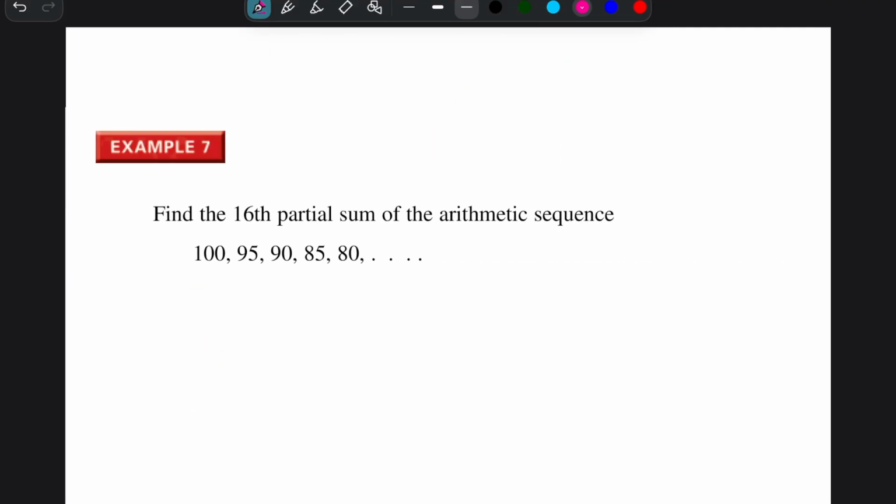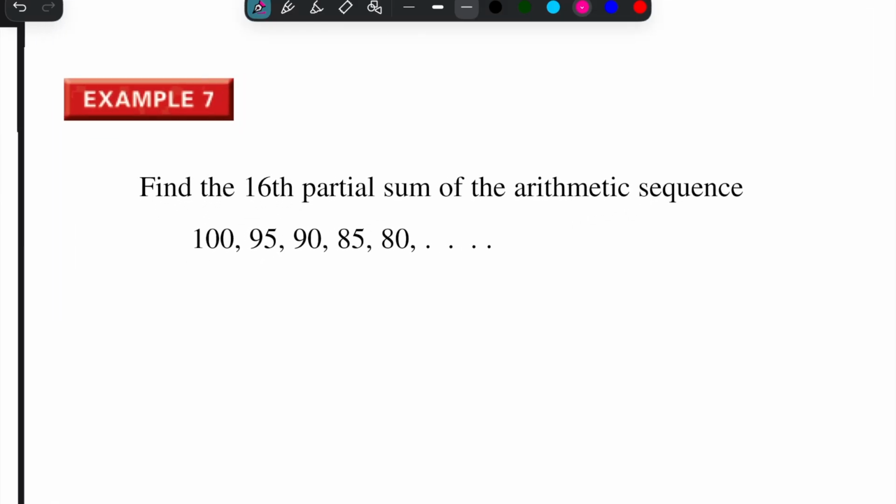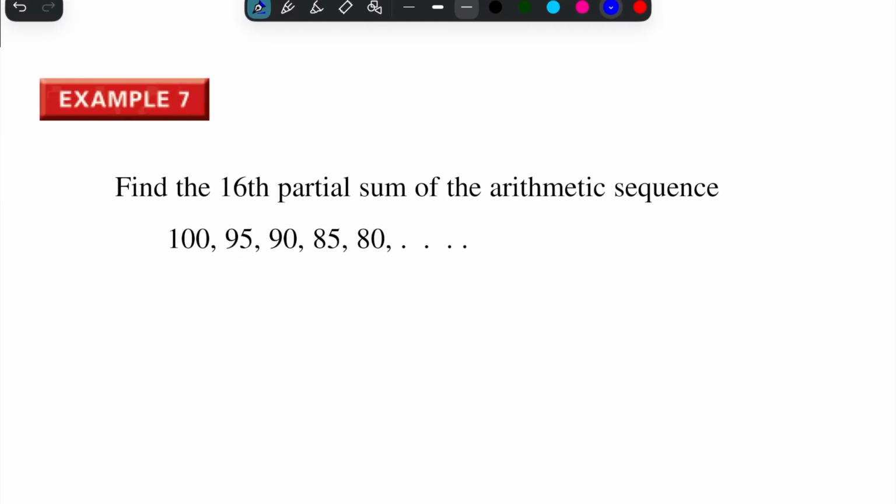All right. Just so that we have the practice, let's do another one that's similar. In this case, I want to find the 16th partial sum. So my 16th partial sum is going to be 16 divided by 2 times my first term, which I can clearly see here is 100, plus my last term, which is going to be the 16th term.